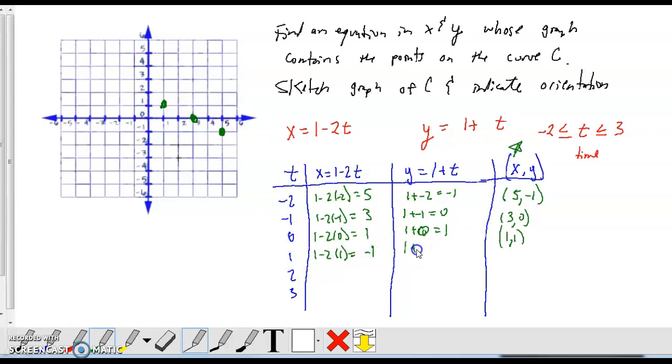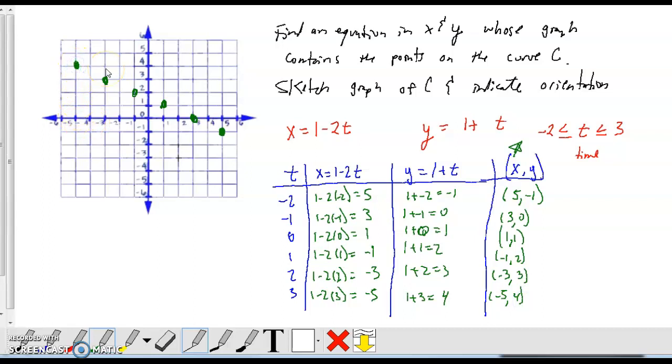So -1, 2. And then 1 minus 2, 2. So -3. And last but not least, -5 and 1 plus 3 should give me 4. So -5, 4. So -5 and 4.